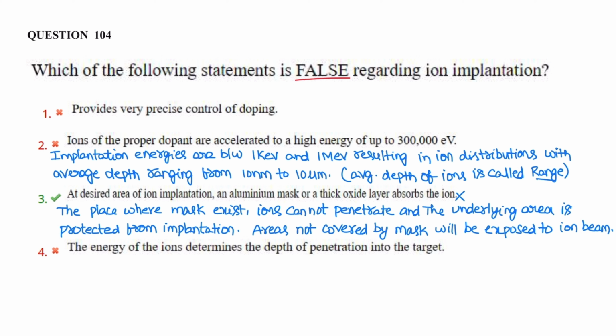Implantation energies are between 1 kilo electron volt and 3 mega electron volts, resulting in ion distributions with an average depth ranging from 10 nanometers to 10 micrometers. The average depth of ions is called the range. So the correct option is 3, which is a false statement.